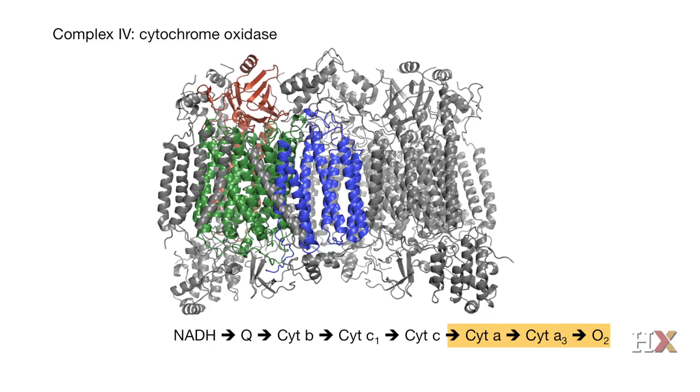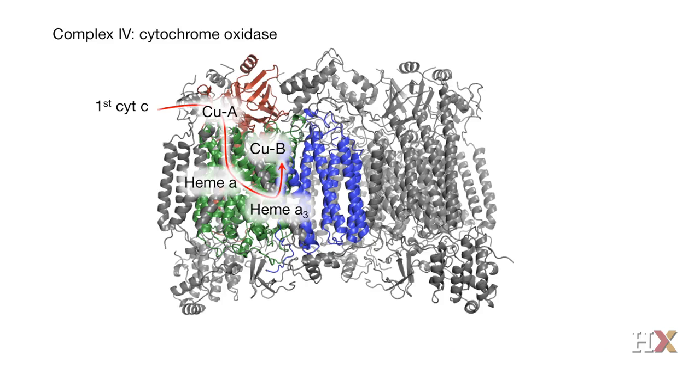The transfer of electrons from reduced cytochrome C to oxygen is a multi-step process. Step 1. One molecule of reduced cytochrome C binds to complex 4 and then will pass its electron through a series of carriers.